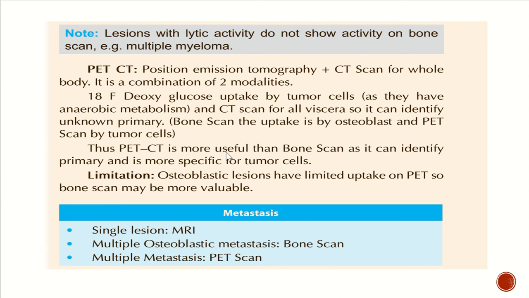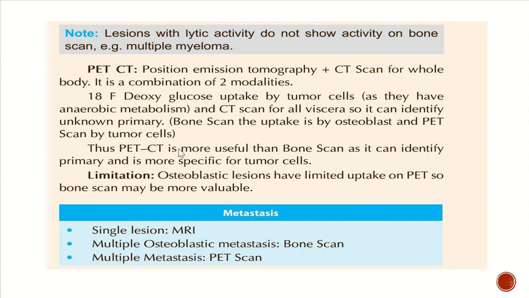Thus, PET-CT is more useful than bone scan as it can identify the primary and is more specific for tumor cells. Bone scan cannot identify the primary because the dye is taken up by osteoblasts, not tumor cells.